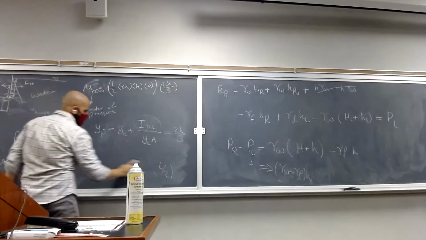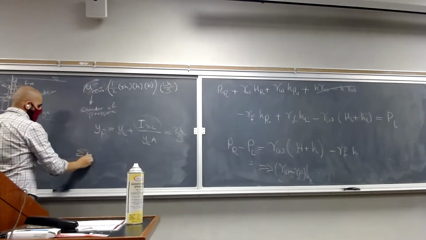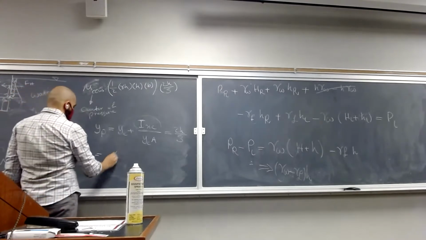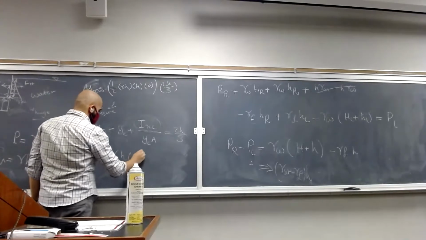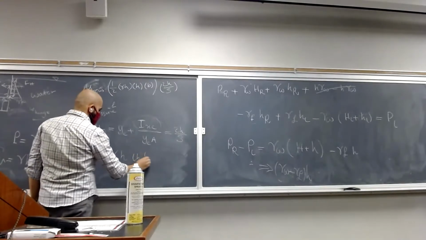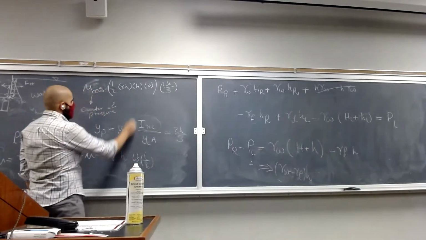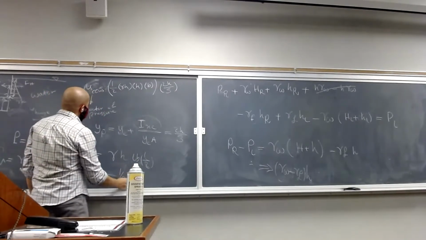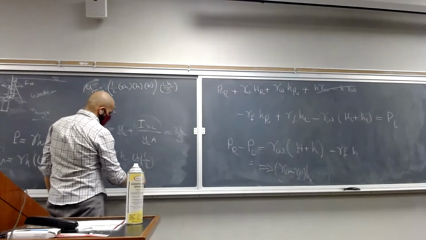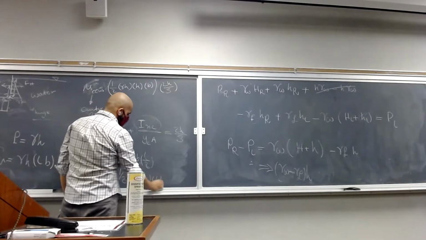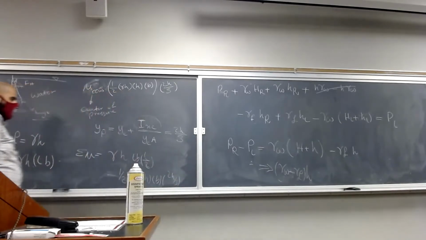And eventually your sigma M is going to be equal to gamma h L b multiplied by L over 2, minus this value, 1/2 gamma h multiplied by h multiplied by b multiplied by 2h divided by 3.